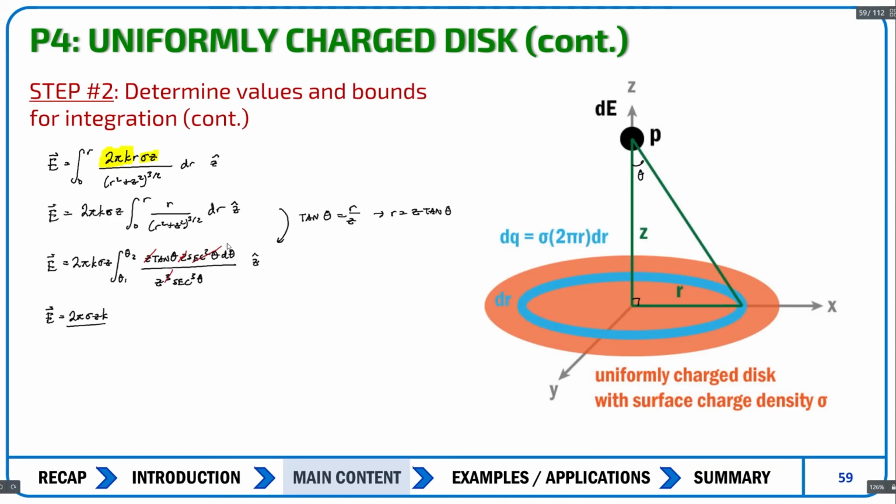We also have secant squared, so the cubed disappears at the bottom, so we end up with a z that we can factor out, and then the integral from theta 1 to theta 2 of tan theta over secant theta d theta z hat. But we know tan theta is equal to opposite over adjacent, and secant is equal to 1 over cosine. So this is actually equal to sine theta. So we can go from there as the next step.